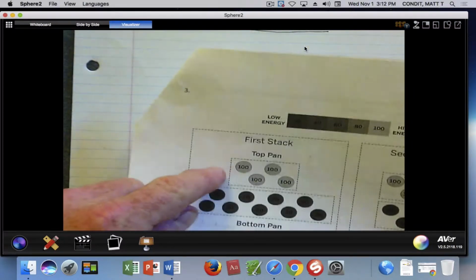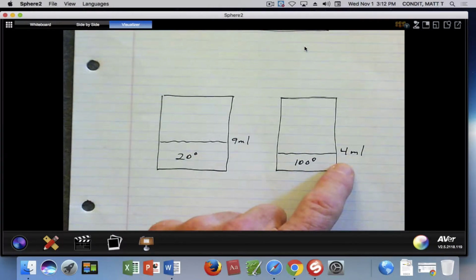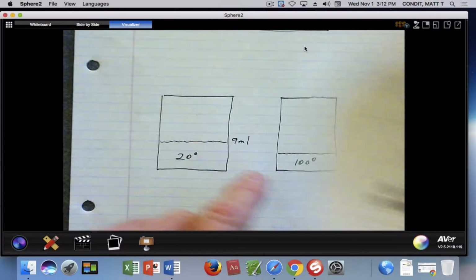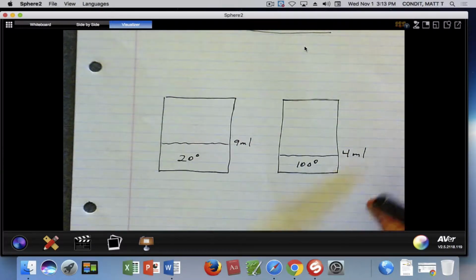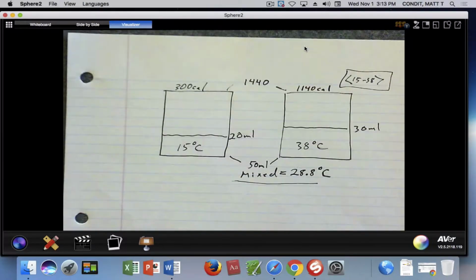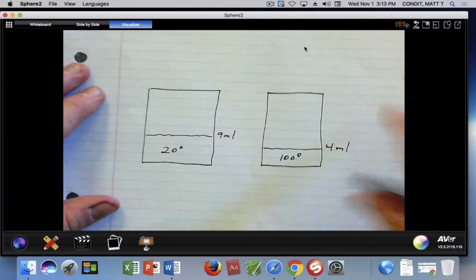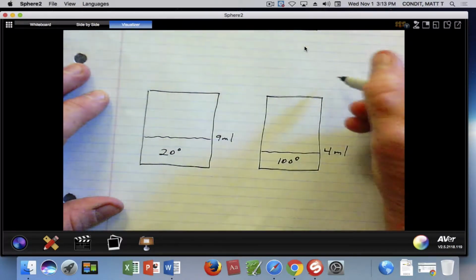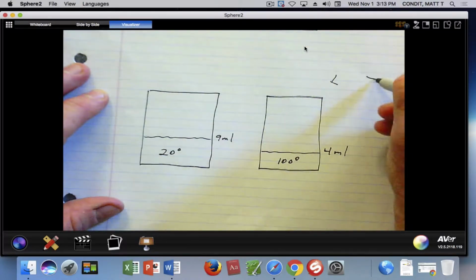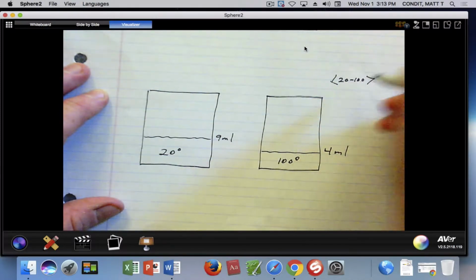This one right here that we're mixing it with has 1, 2, 3, 4 milliliters, and it's at 100 degrees. Now that we've got it looking like water, we can solve it the exact same way as we did this one. First of all, we find our range. So we know that our answer's got to be between 20 and 100.